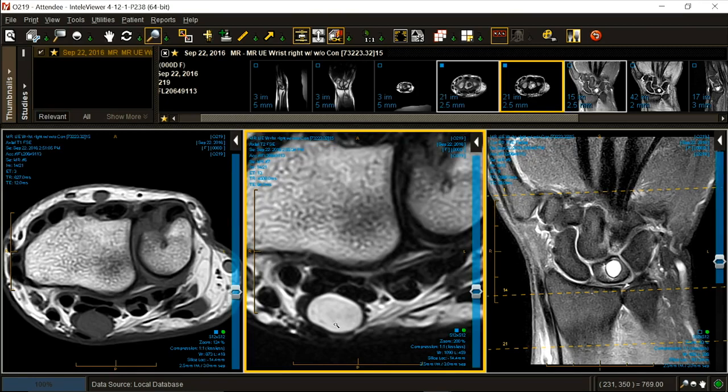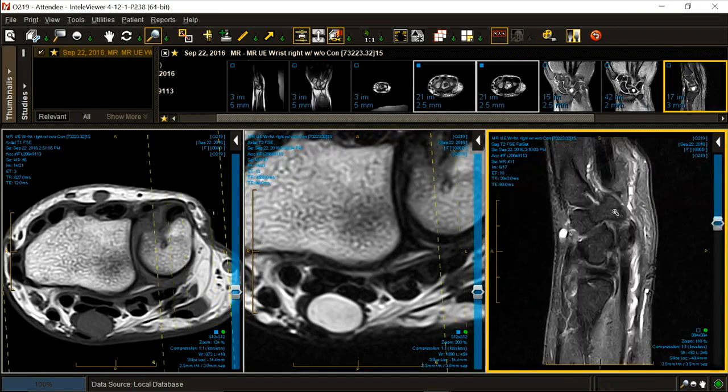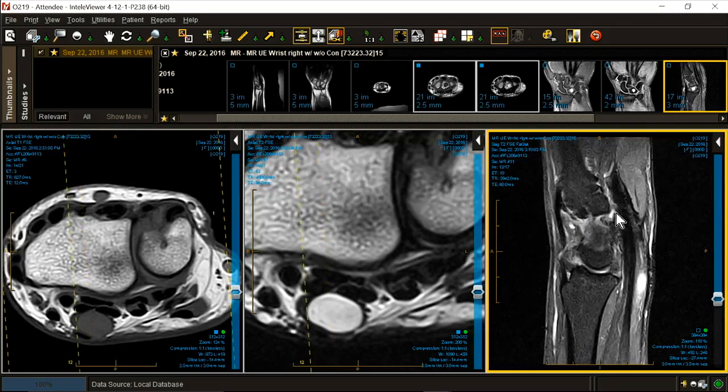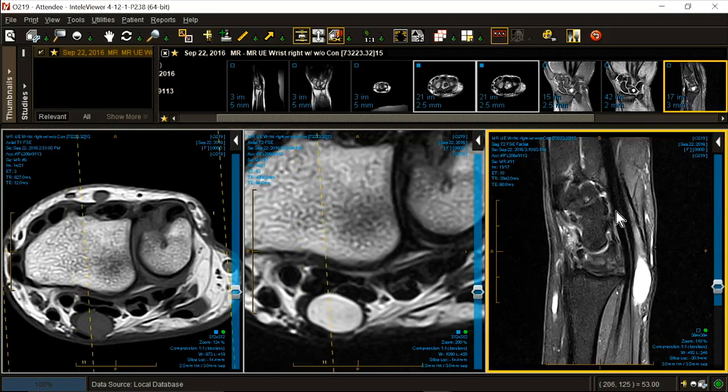So that's a good sign. Invasion of surrounding tissues? No. Let's go to the long axis to see if we can connect it to anything. Oh, it's not so round in the sagittal projection. What could we connect it to?